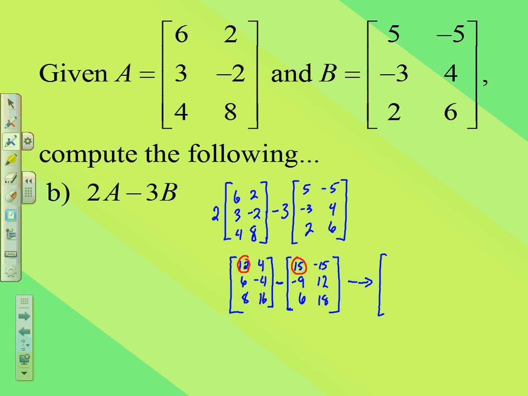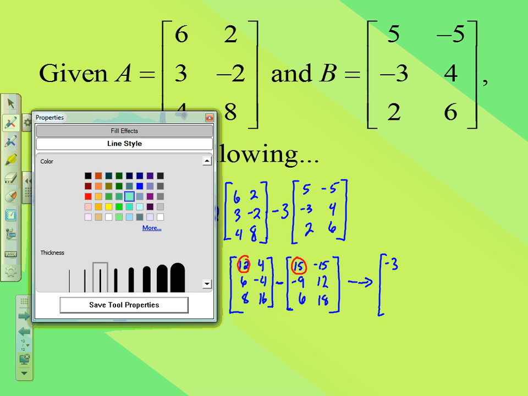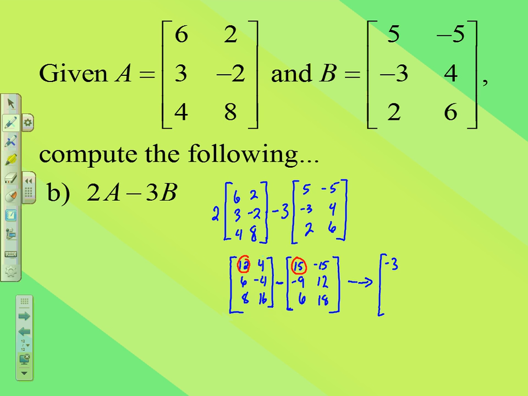So the first element of my final answer is a negative 3. And then we'll do the same thing with the next one. Let's say the 4 here and the negative 15 here. So I'm going to say 4 minus a negative 15. Well, that's the same thing as saying 4 plus 15. So my next element of my final answer is a 19, and so on.